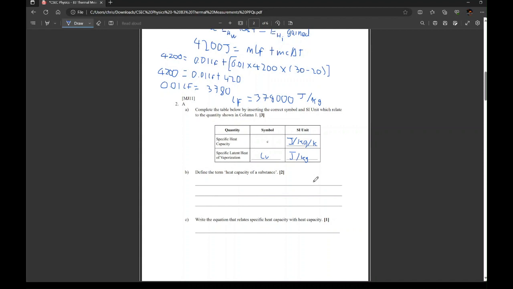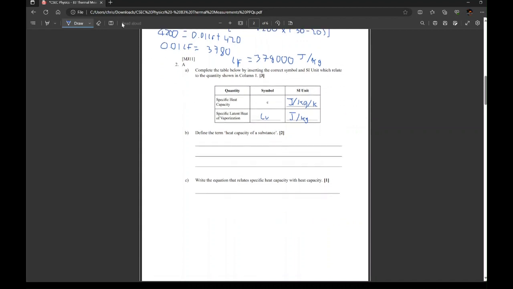Okay, so now they ask us to define the heat capacity of a substance. Now note carefully, this does not say specific heat capacity of a substance. This says heat capacity. Heat capacity and specific heat capacity actually have two different definitions. There's a very slight change. I'll show you after I write the definition.